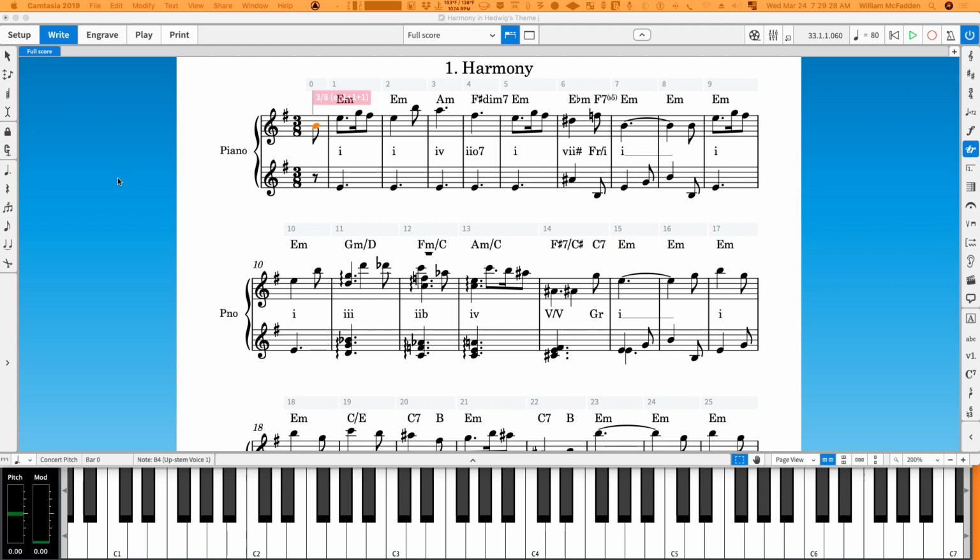As we get into the chord analysis, we have the E minor, which is the 1 in the scale of E minor, Aeolian, and notice that the A minor is the 4 chord, so we have our 1 chord, 2 chord, 3 chord, 4 chord.